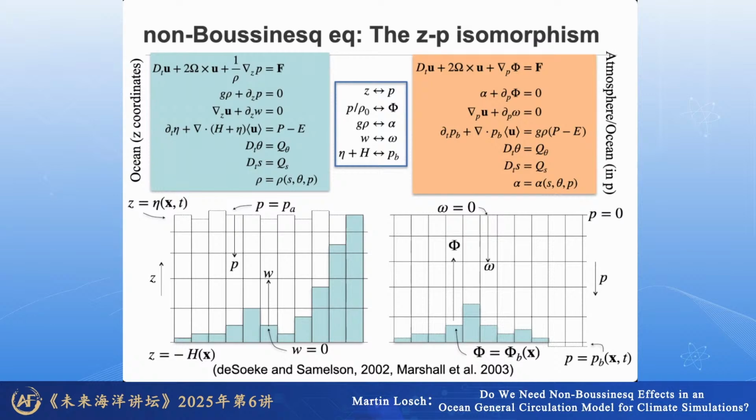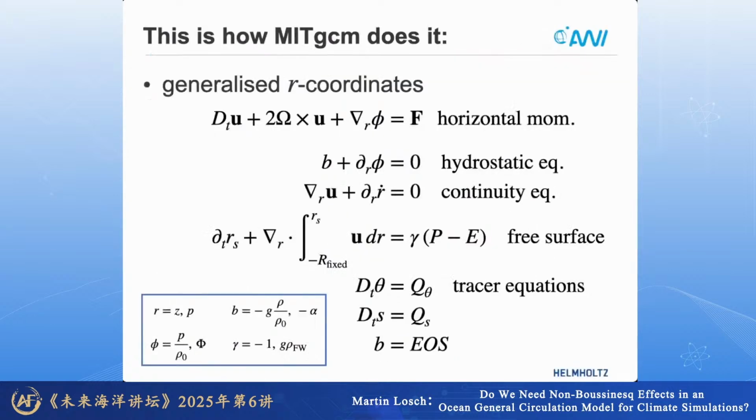If you do this, you can write your equations in a general r coordinate, where now everything is relative to r surfaces, and these r surfaces can be either z or p. And then this phi is either the pressure, p over rho, or it's the geopotential, depending which coordinate you are in.